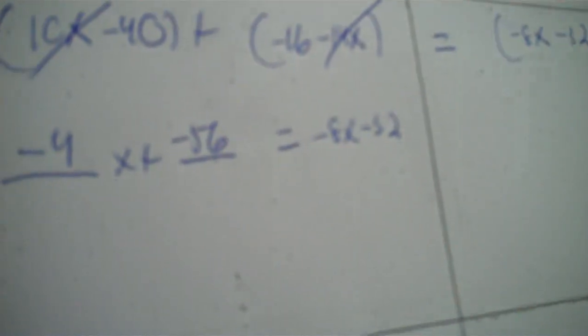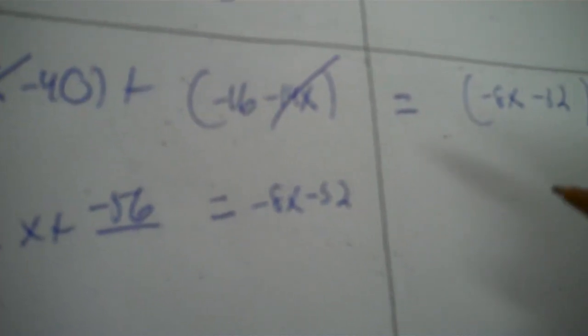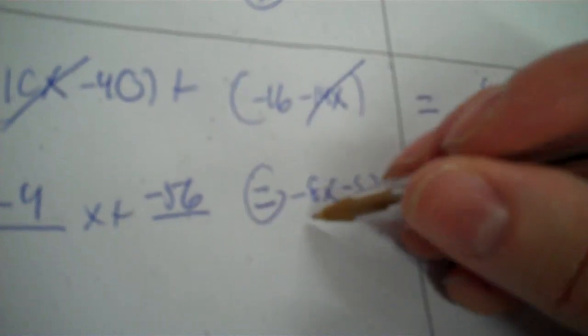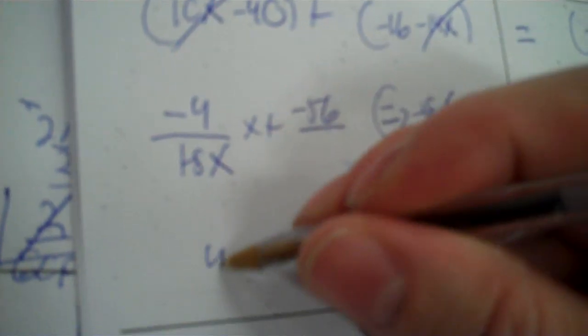Okay, so x is only to the first power, so you're using linear properties. Okay, you don't clear one whole side, just take out one of the x's. I'm going to add 8x to there, so 4x plus negative 56 equals negative 32.